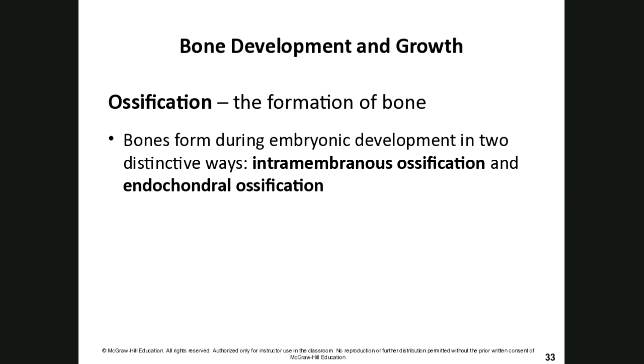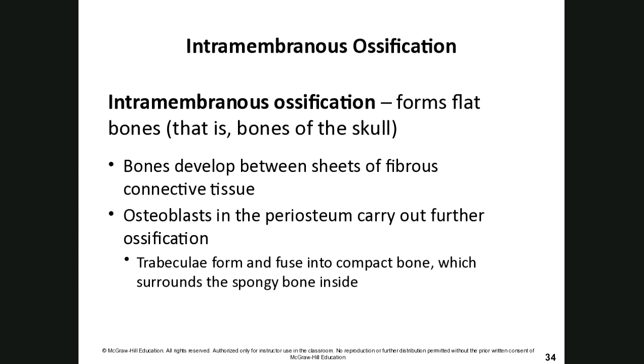So bones form during embryonic development in two ways, either via intramembranous ossification or endochondral ossification. Intramembranous ossification forms the flat bones. That means all those bones of the skull that we looked at are going to form via intramembranous ossification. The way that process works is that between sheets of fibrous connective tissue, the osteoblasts in the periosteum start to bring all the good nutrients and bone building cells, or osteoblasts, to that area.